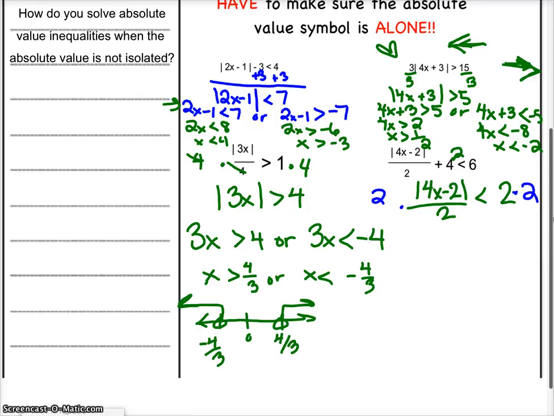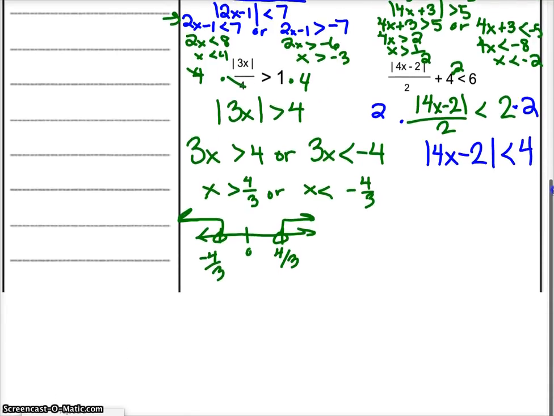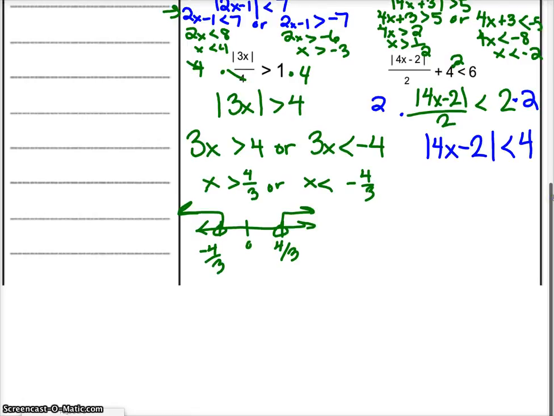Almost done. Absolute value of 4x minus 2 is less than 4. Now I need my cases, because it's all by itself. So case 1 is 4x minus 2 is less than 4.